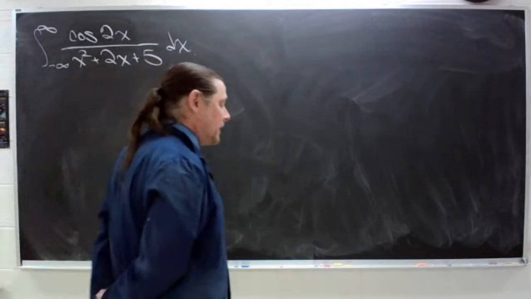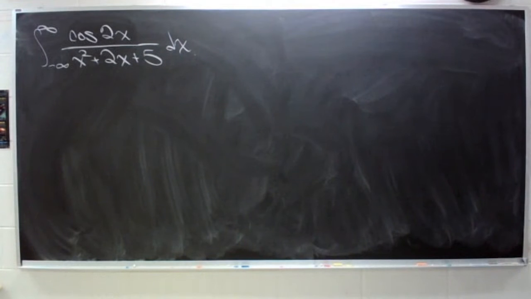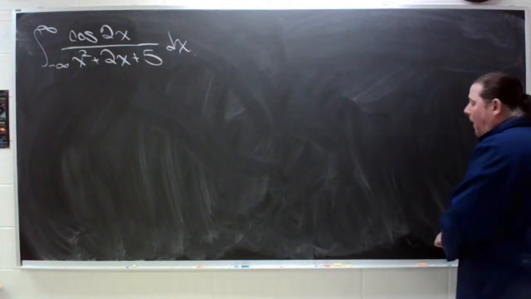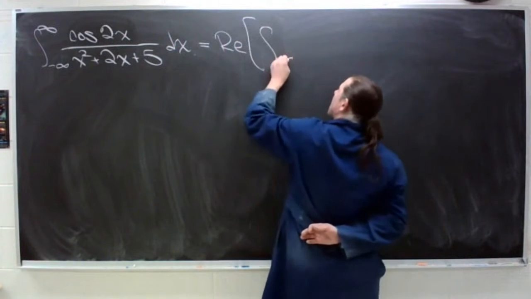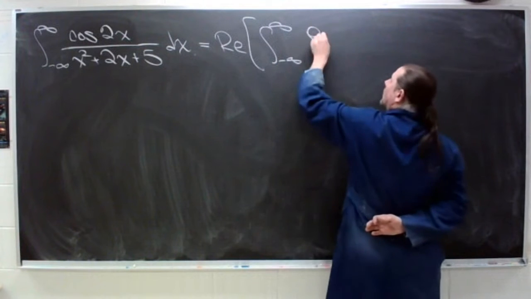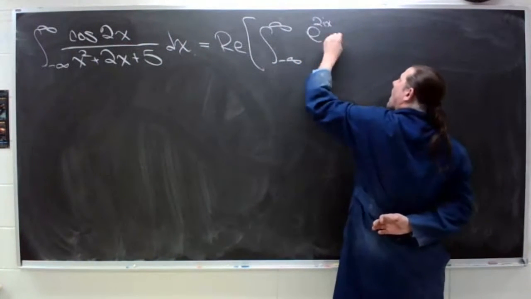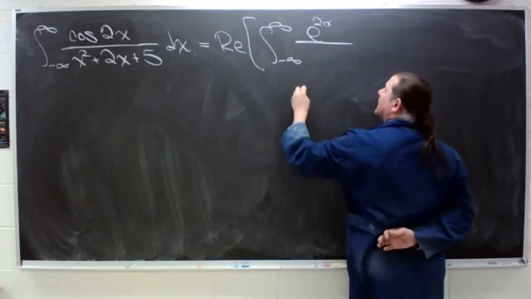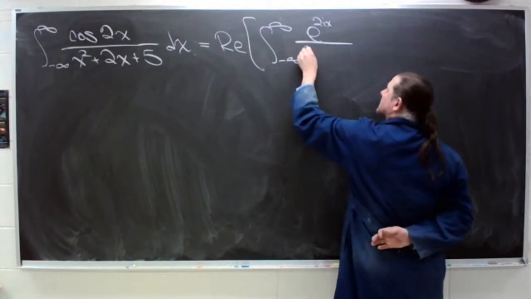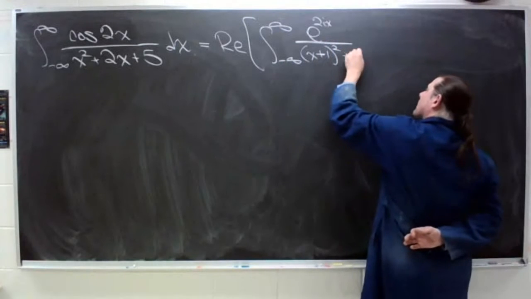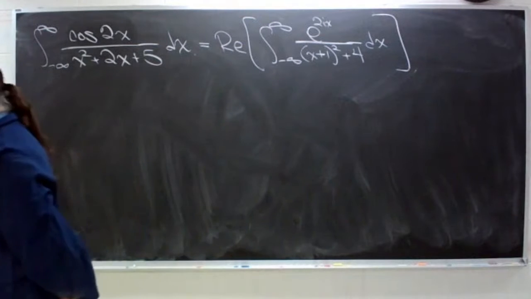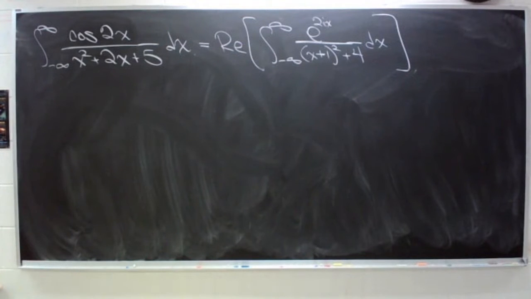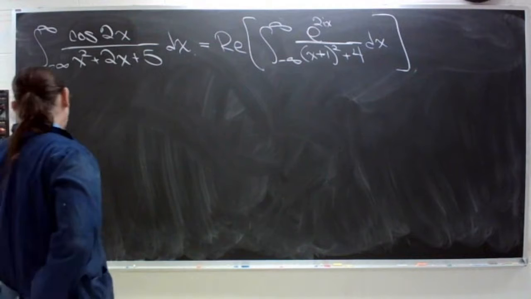Clearly, because the denominator is all real, we could take a shortcut and view this as the real part of the integral from negative infinity to infinity of e to the 2ix divided by (x plus 1) squared plus 4. All right?